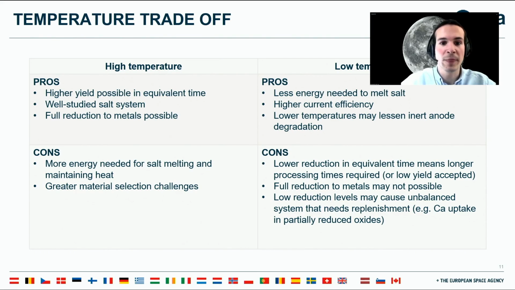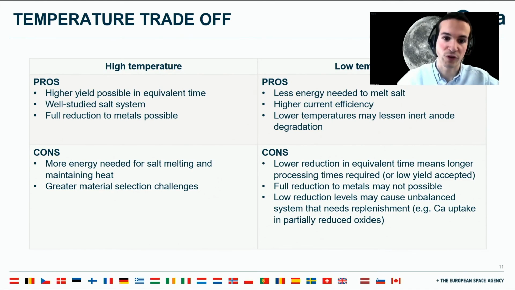Regarding the low temperature, that's of course a big gain of energy. We see that we also have a higher current efficiency. So yeah, our electrons are more useful. So that's good. And we potentially open the path to many other choices for finding an inert anode, simply because of the lower temperature, so lower degradation. On the con side, we might need to run the process longer for the same amount of reduction. We don't know yet if we can reach the full metal sample with the lower temperature.